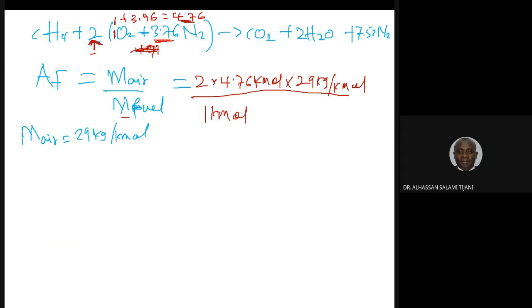in the fuel, we have carbon and hydrogen. So here we want to determine the molar mass of the fuel.